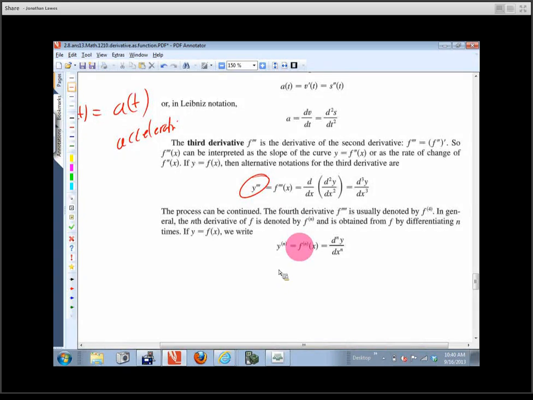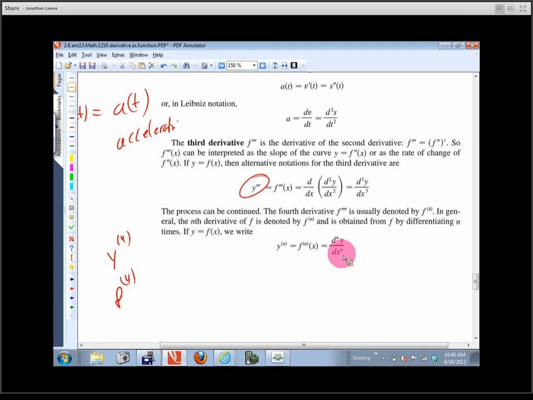Once we get to 4 derivatives, we normally abandon the prime notation and we'd write something like this. It's not an exponent, it would just mean the 4th order derivative. Okay, so you'll notice that they have the nth order derivative of y, the nth order derivative of f, or d to the nth y, dx to the nth.